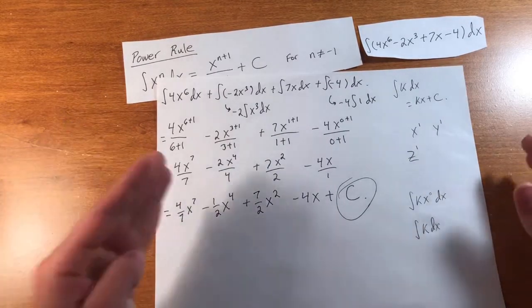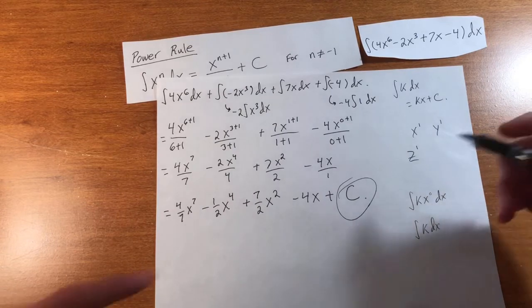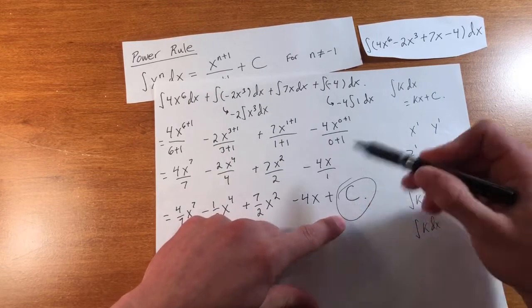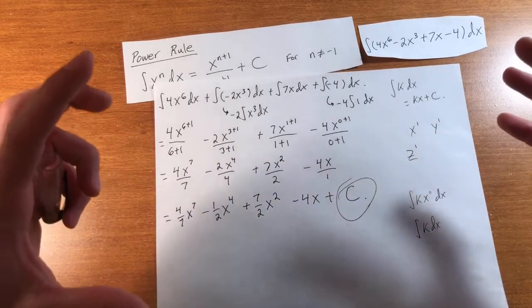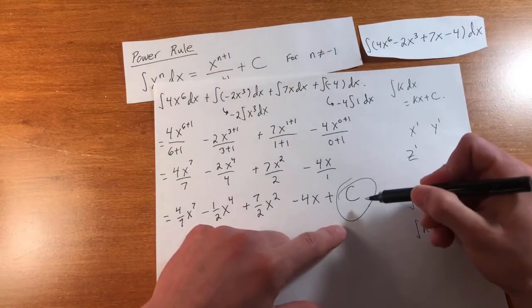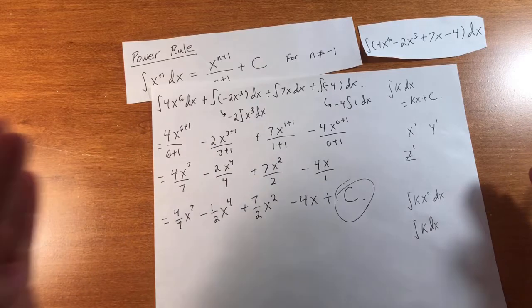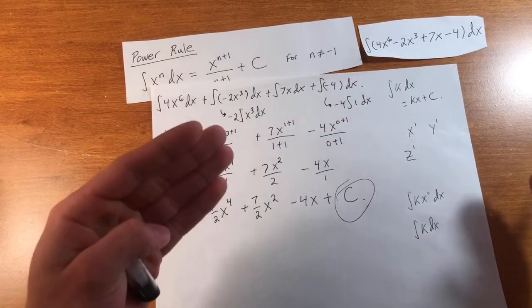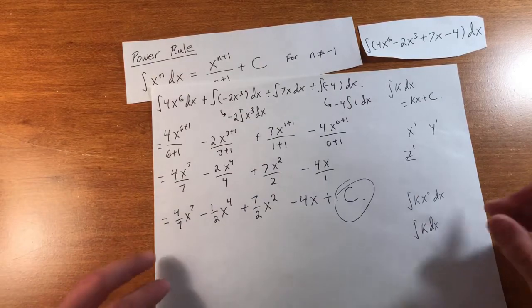So I could have said plus c, plus c, plus c, all the way to the end, or I could have just saved a plus c for the end, which represents a constant that has multiple constants added up together. But again, it doesn't really matter because I don't know what that constant is. So if I had 6 unknown constants or 1 unknown constant, I still don't know what it is. So it shouldn't matter that much.